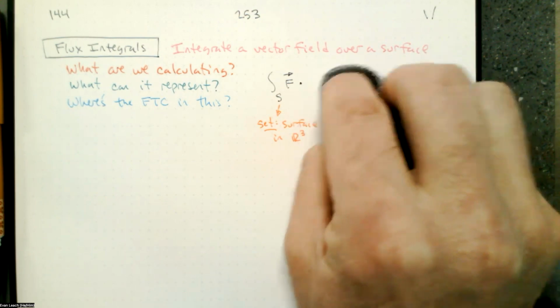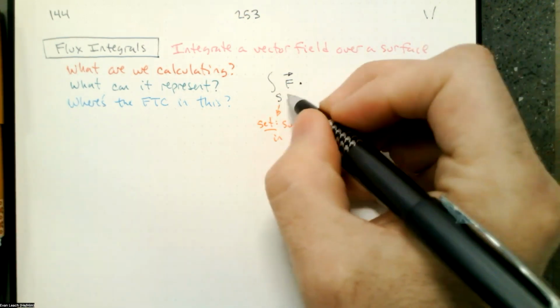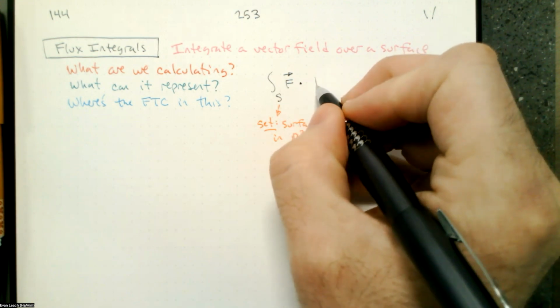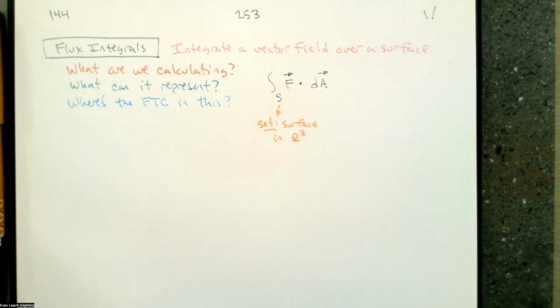So I need some kind of notation for the small bits that we're going to break the surface up into. We're going to note those with a dA. Note that just like with dr in a line integral, dA is a vector. It has to be a vector because we're multiplying a vector field times this small piece of the surface.